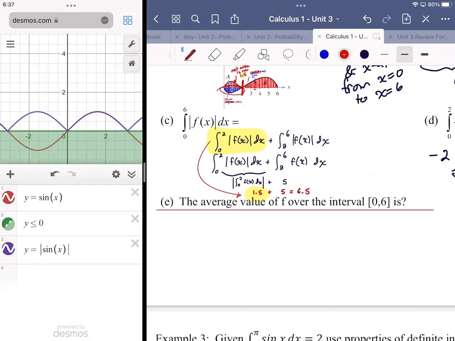Let's say, for example, you have a function f of x. I'll give you a real function, something that we can verify.